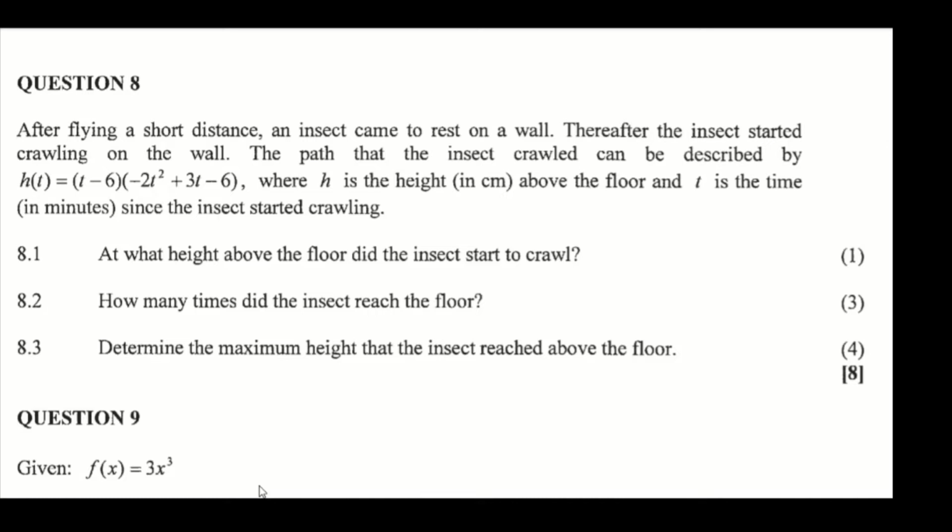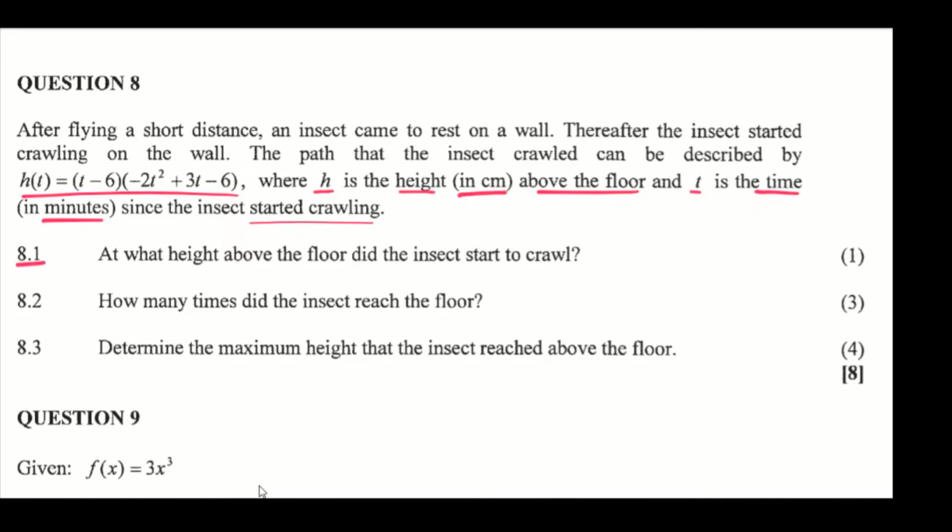The path that the insect crawled can be described by this equation, where h is the height above the floor, measured in centimeters, and t is time, measured in minutes since the insect started crawling.